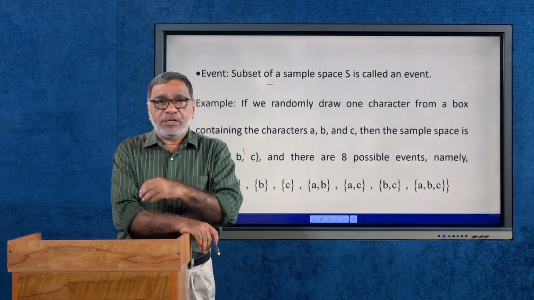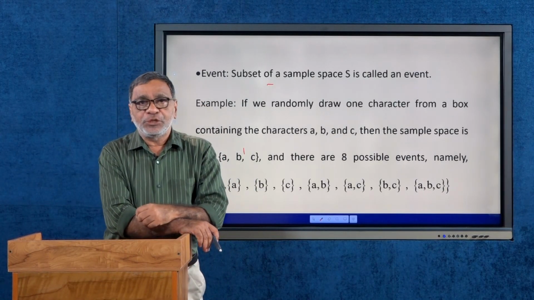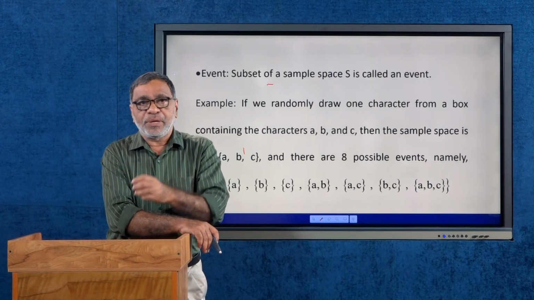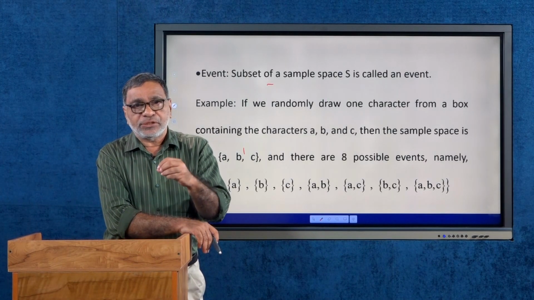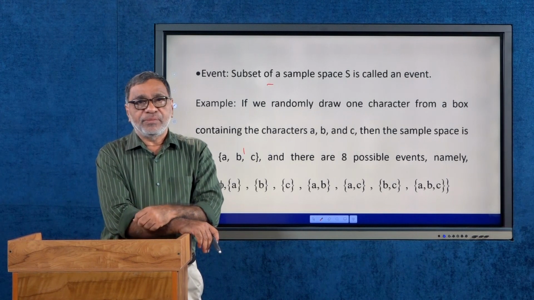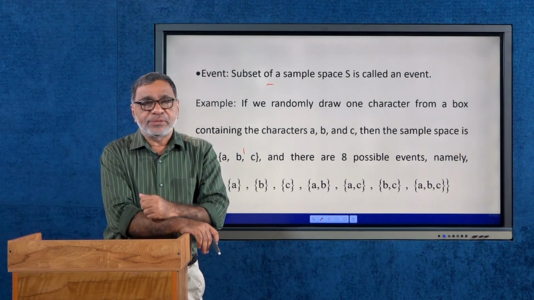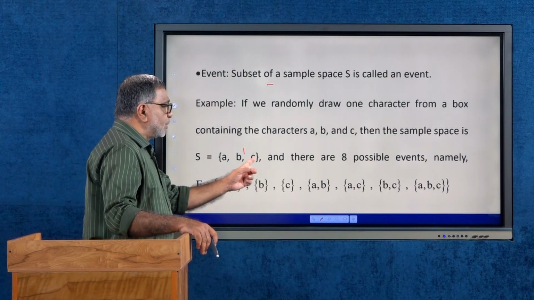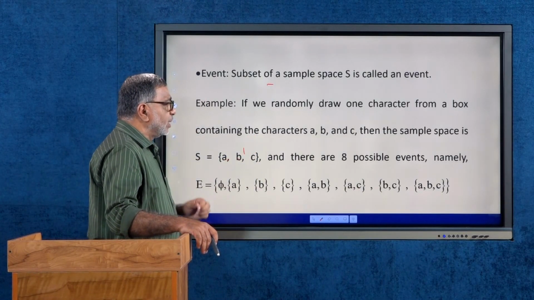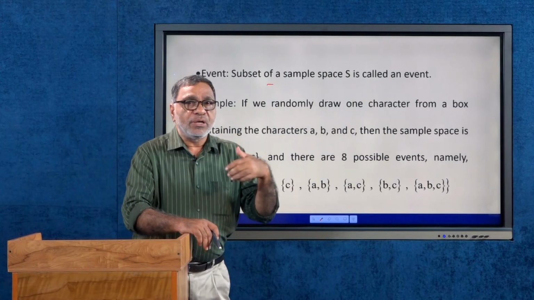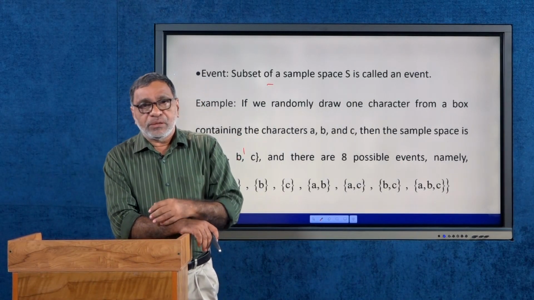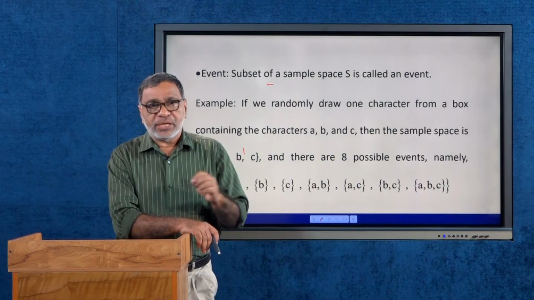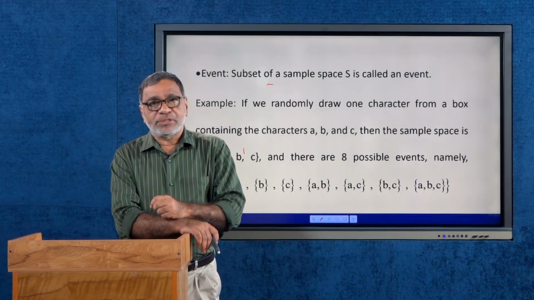One example: if we randomly draw one character from a box containing the characters A, B and C, then the sample space, with all possible outcomes, is A, B, C, and there are 8 possible events. Why? Because for this set S, we can construct subsets.